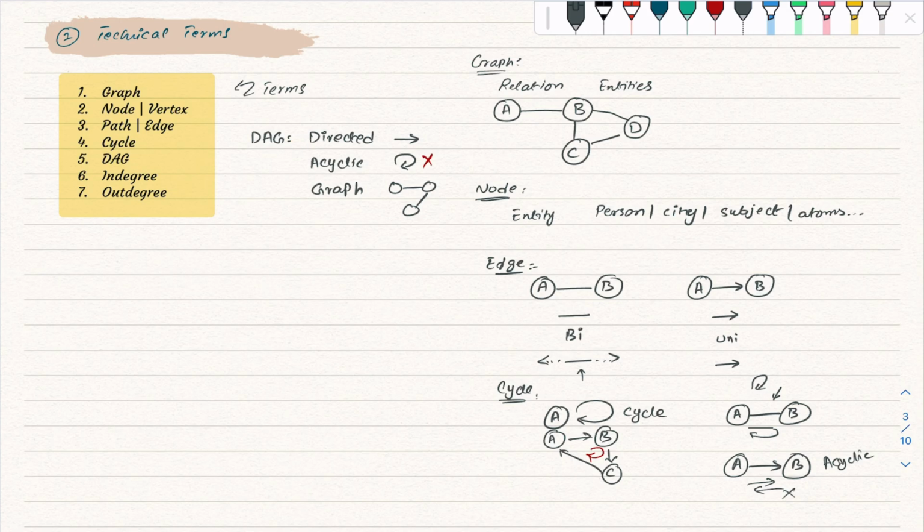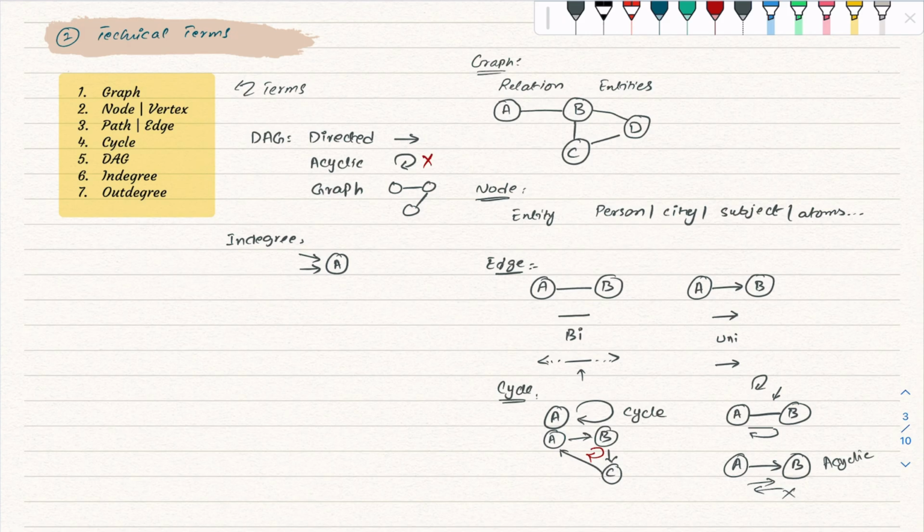Now let's talk about in-degree. In-degree means, let's suppose there is a node A and there are two edges coming towards A. It means that A has two prerequisites. You have to complete these two first, then you can come to A to complete it.